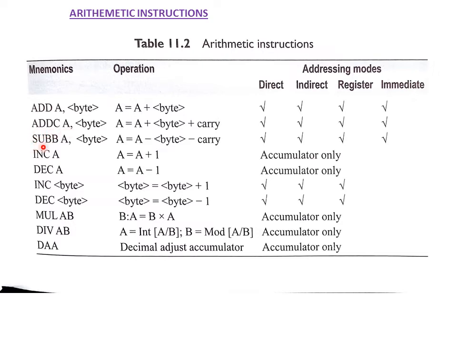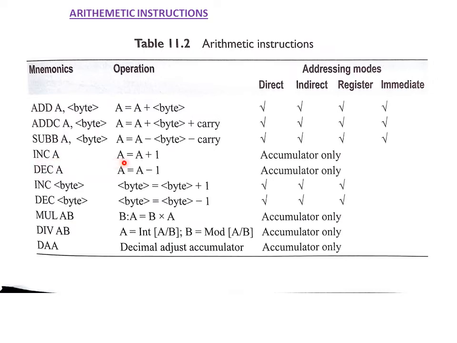Next, subtraction with borrow, SUBB. The accumulator stores the result of the accumulator subtracted with the data given in the byte and the carry given in the instruction. Next, increment of accumulator, INC A.